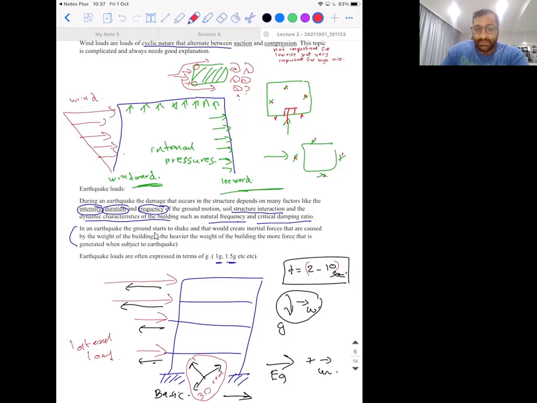In an earthquake, the ground starts to shake, and that would create inertial forces that are caused by the weight of the building. Inertial forces, the weights depend on the mass of the structure. And when you have higher mass in a structure, then you have more inertial forces.